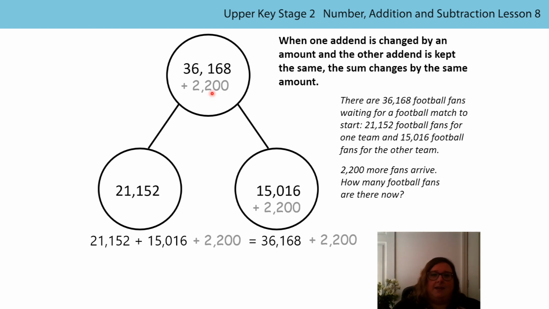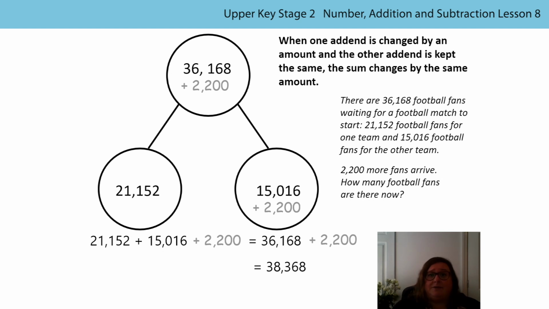I can see that that means I just need to increase my hundreds by 2, so that will give me 300 in that number, and I need to increase my thousands by 2, so that will mean that the thousands digit is an 8. Oh, okay, well I can see my answer then. It's 38,368. Well, that was really quick, wasn't it? Really straightforward.